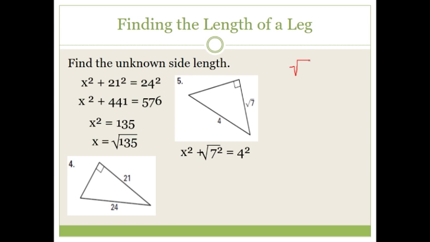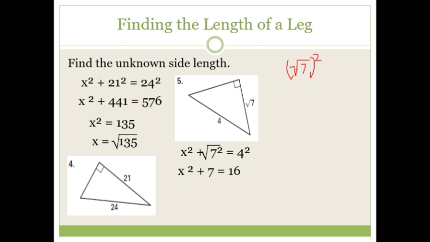So I'm squaring the square root of 7, and that equals 4 squared. So let's see what happens when I square the square root of 7. In this case, we can see that I just got 7. And there's two ways to think about it.